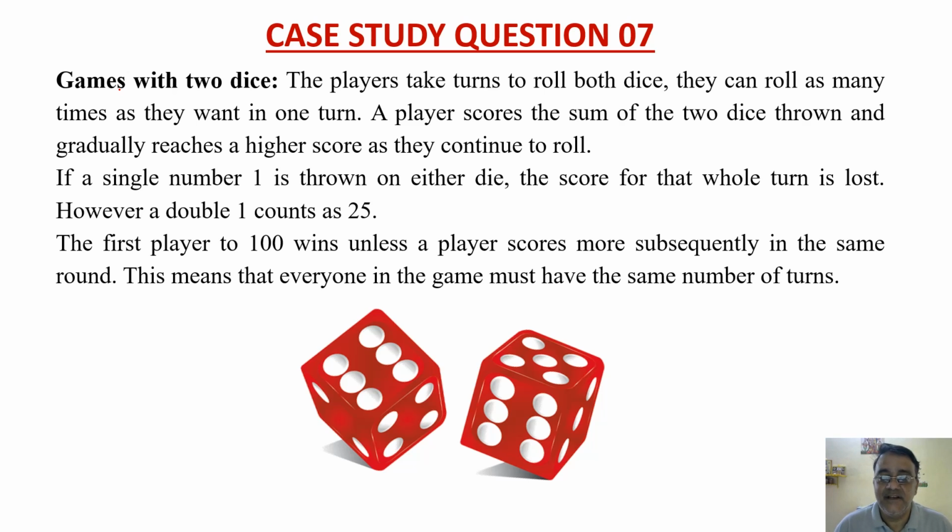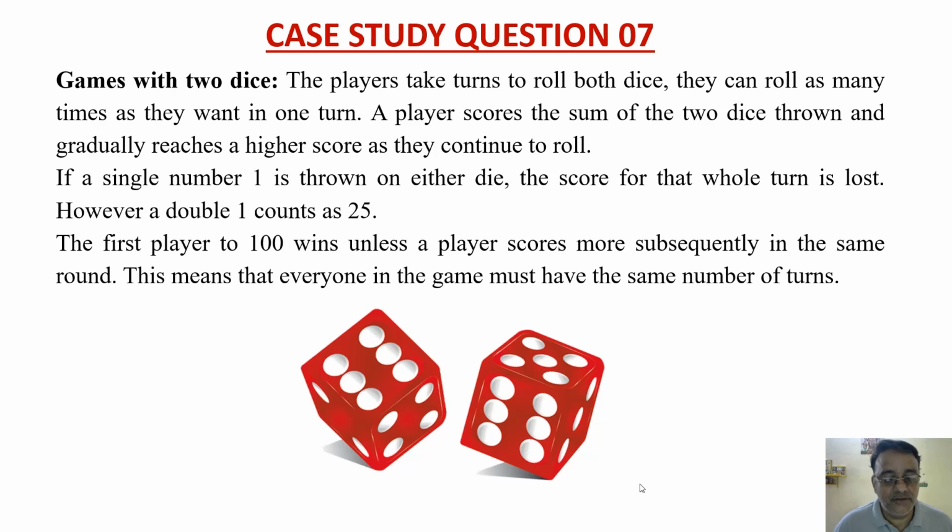However, a double one counts as 25. Got the point? एक गेम है ऐसे ही, अगर एक डाइज में 1 आता है तो वो लॉस्ट हो जाएगा उसका, और अगर दोनों डाइज में 1 आ गया तो 25. The first player to 100 wins unless a player scores most subsequently in the same round. This means that everyone in the game must have the same number of turns.